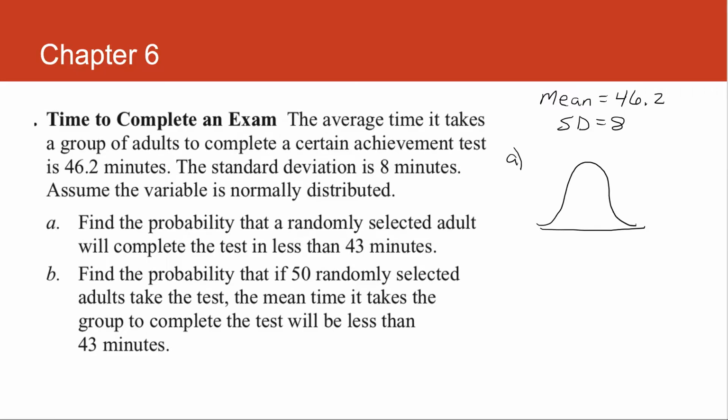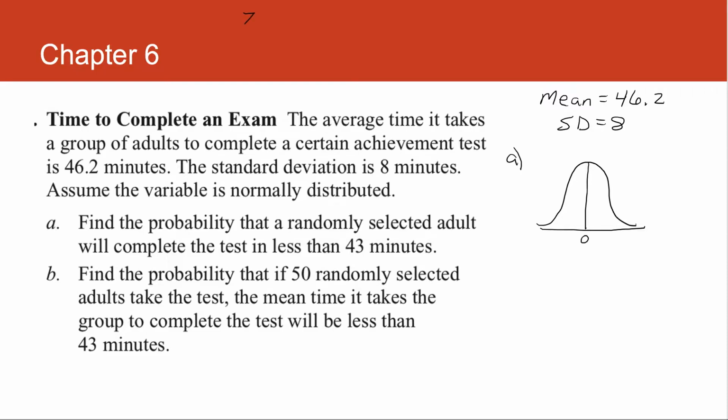Now remember that as we look at this, if we have a problem that is talking about one person or thing, we're going to use a certain formula, and if we have a problem that is talking about a sample, we'll use a different formula. All right, so I'm going to jot formulas down for us real quick.